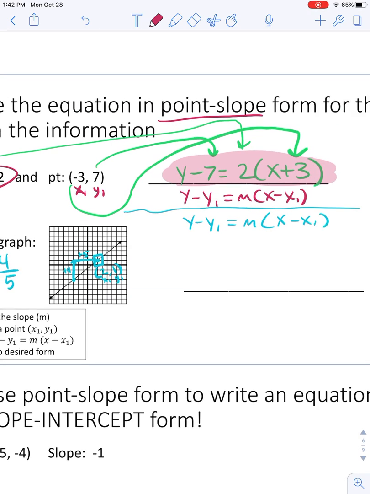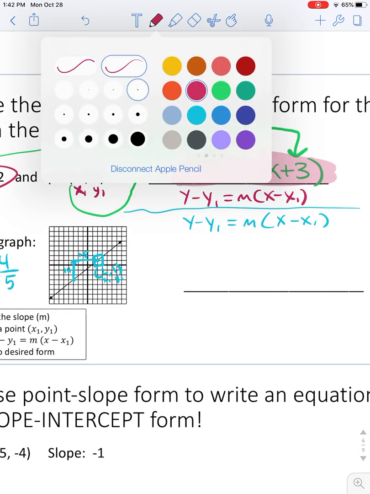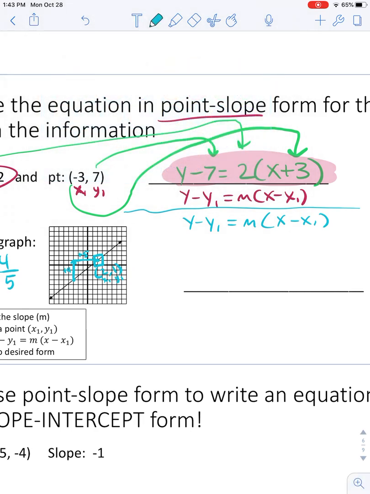And you might think, how are they both going to work? But when you simplify it, it's going to work no matter what, as long as you're doing it right. So I'm going to take that information and plug it in. y minus 1 equals m, which is 4/5, times (x minus 2), which was x1. And that's our answer.